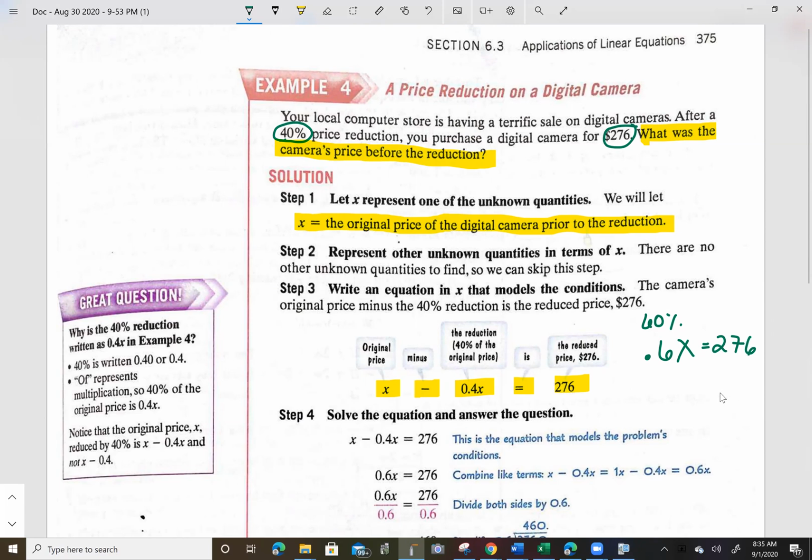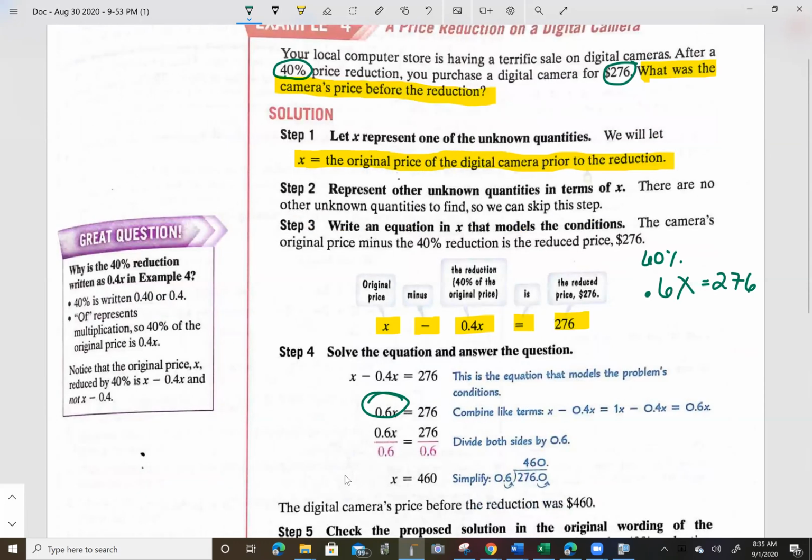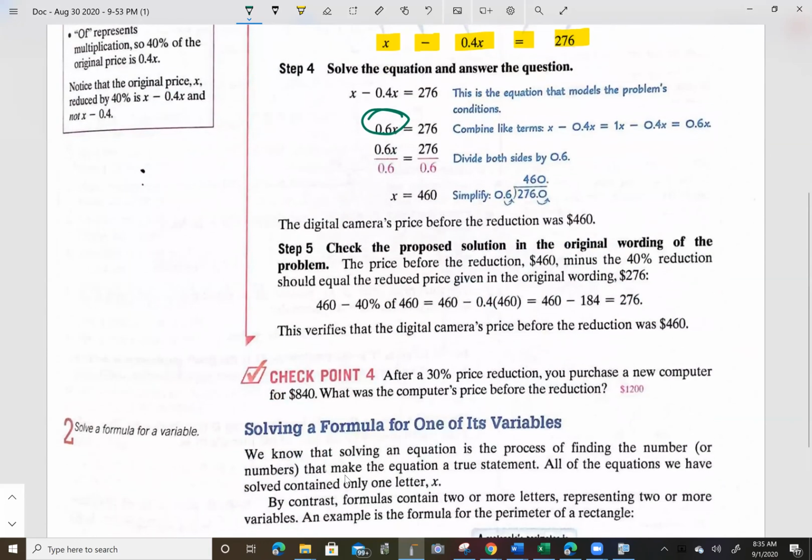Basically, I'm just doing this X minus 0.4X in my head. I just know if it's 40% off, I'm paying 60% of it, okay? Both ways you will get X equal to $460. And then they check it.